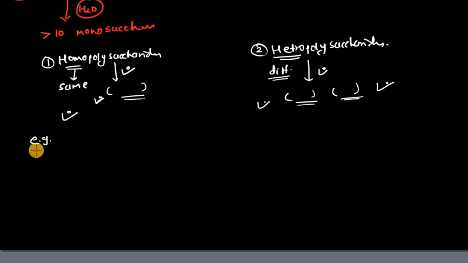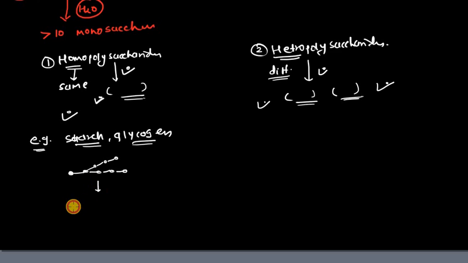Examples of homopolysaccharides are starch and glycogen. Both are polymers of glucose and may have branching also. When you hydrolyze them, you get only a single type of monosaccharide unit.